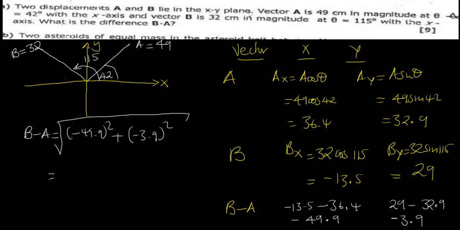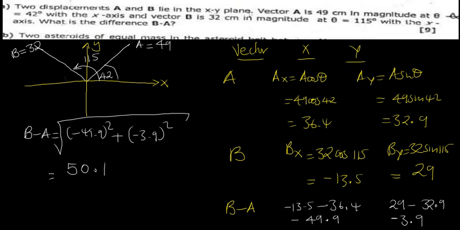And then square root the answer you have. So you just say square root, and then you press the answer there, and then equal to. Okay, so that is going to give 50.1. So this is the magnitude.